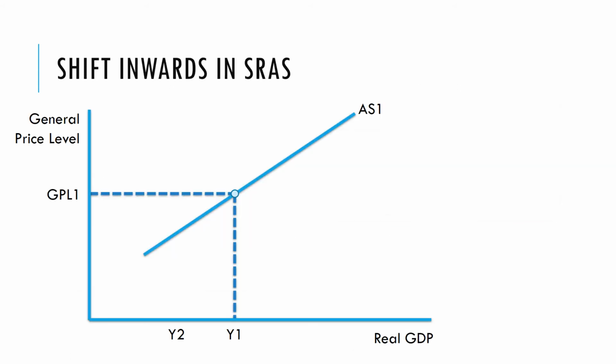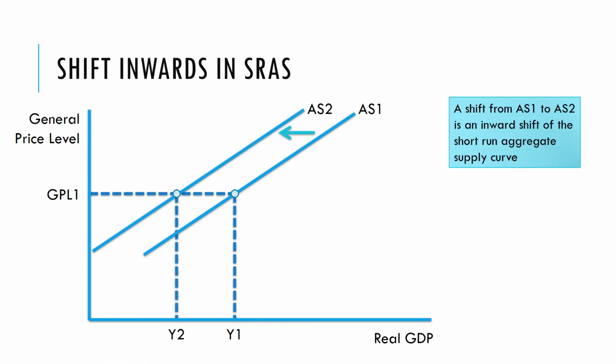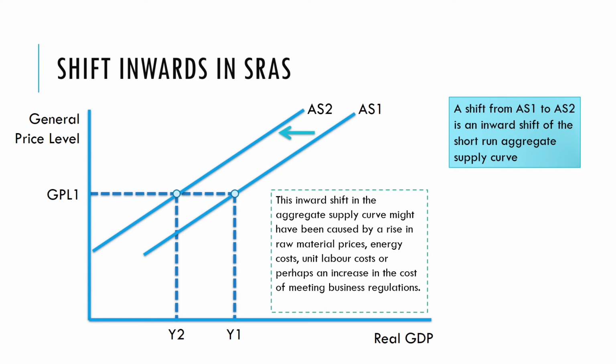So let's have a little look at an example here. If we imagine this is our aggregate supply curve, if there was a decrease in aggregate supply, we would illustrate that by shifting the aggregate supply curve to the left. And what might have caused this may have been a rise in raw material prices, perhaps a rise in energy costs or unit labour costs, an increase in the cost of regulations.